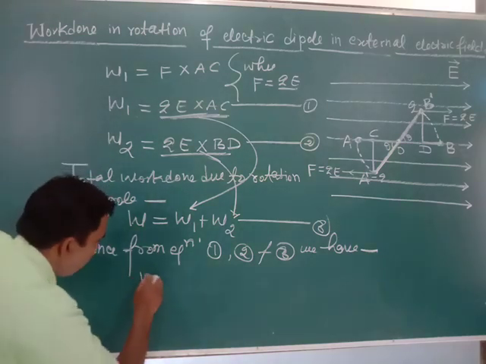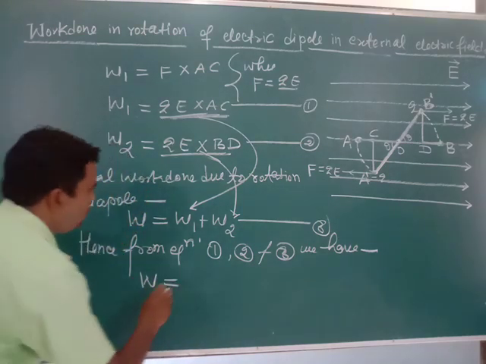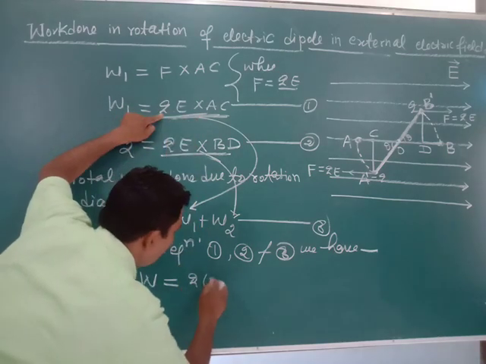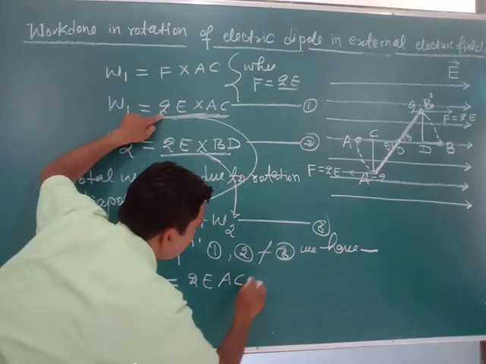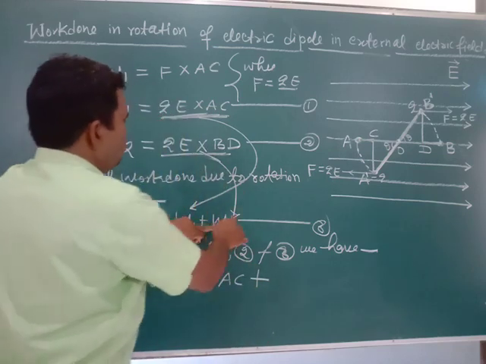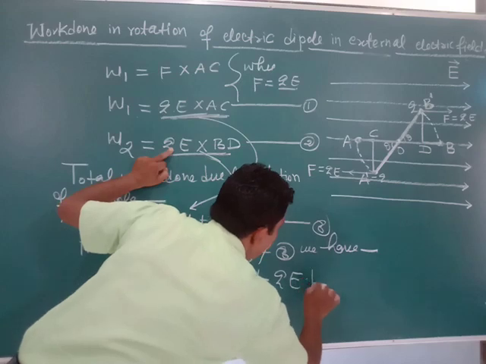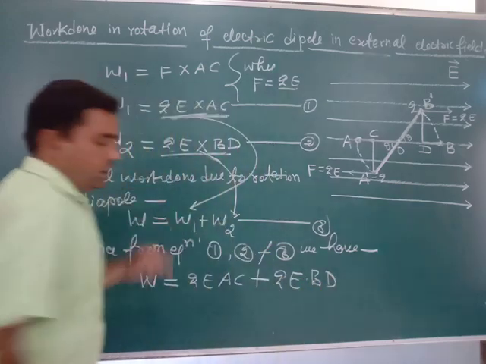So next, W is equal to W1, that is qE into AC, plus W2, that is qE into BD.